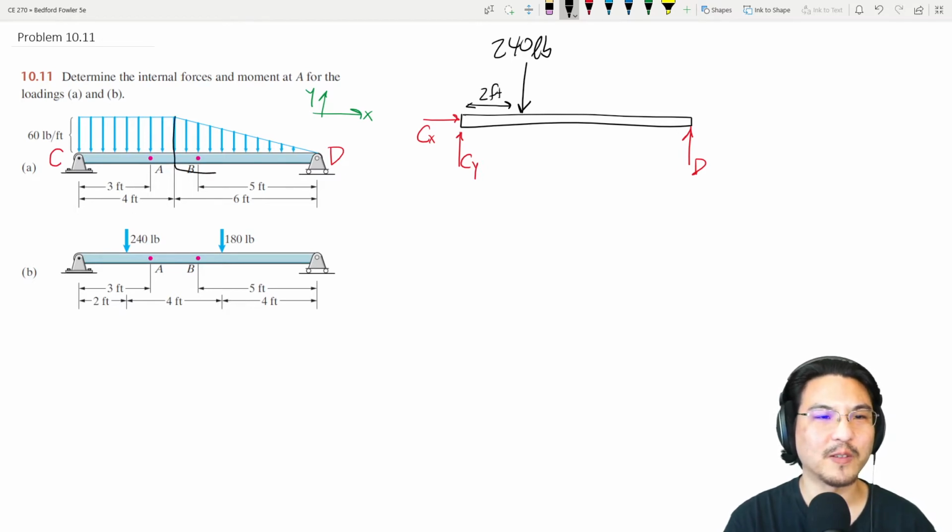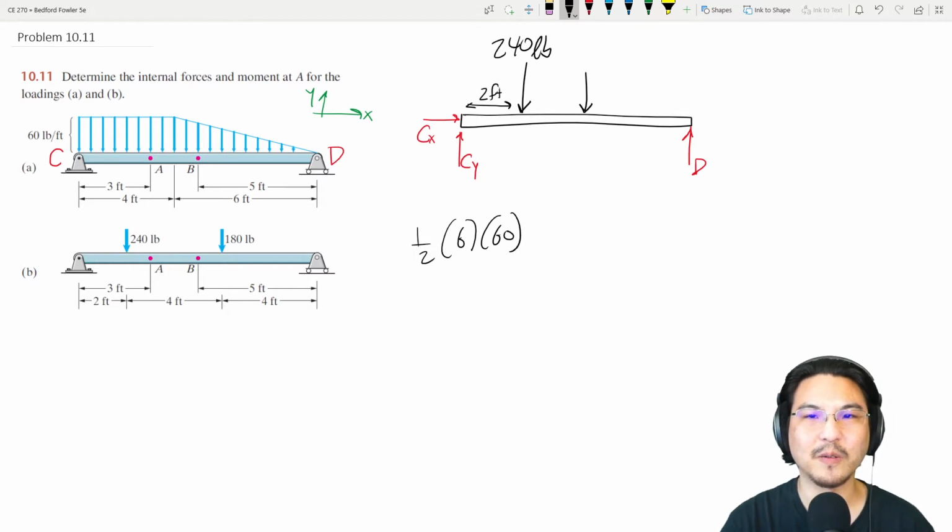Okay, now for the triangle, I can replace that with a discrete load, which is the area of the shape. So this is 1/2 base times height. So 180 pounds at the location of the centroid.